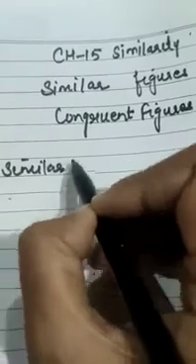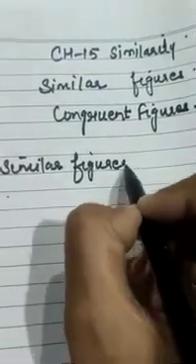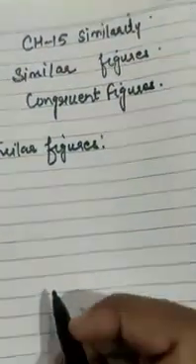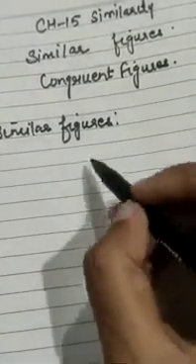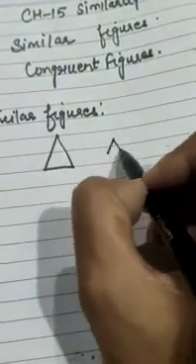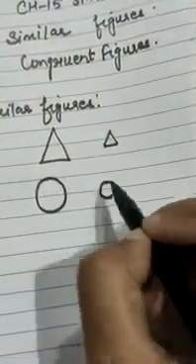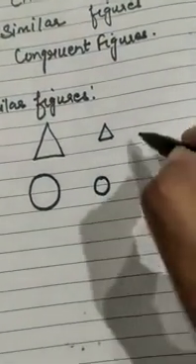Now look, similar figures are those figures which are same in shape, like these two are same in shape. These two are same in shape. So these are called similar figures, right?